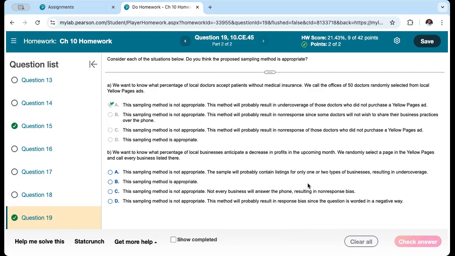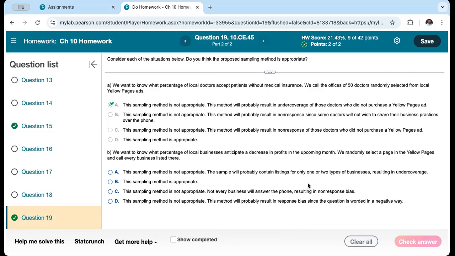So I would go with A because response bias means that a question in the survey is going to influence respondents to lie. But here, we don't even know the questions they're asking, but we know the goal. We want to find what percentage of local businesses anticipate a decrease in profit. That is our objective.